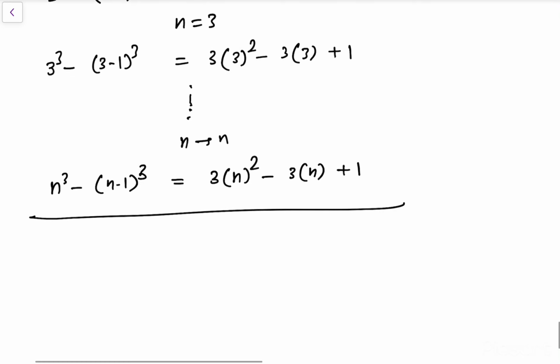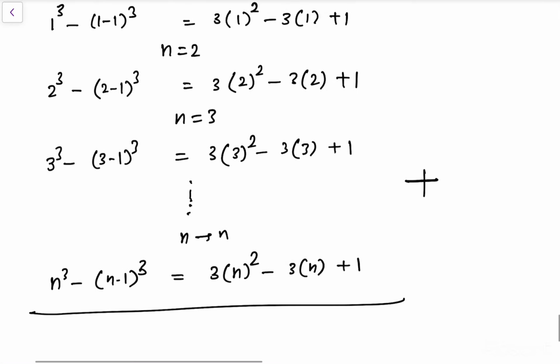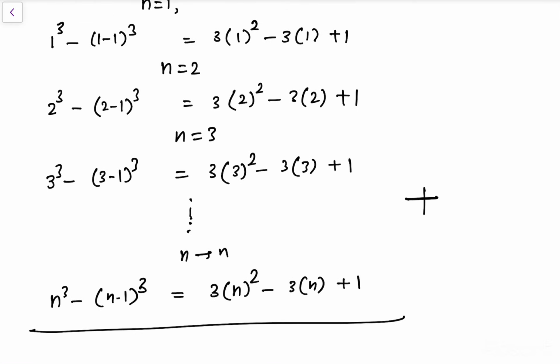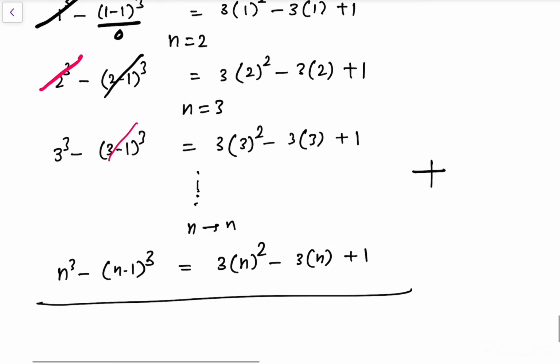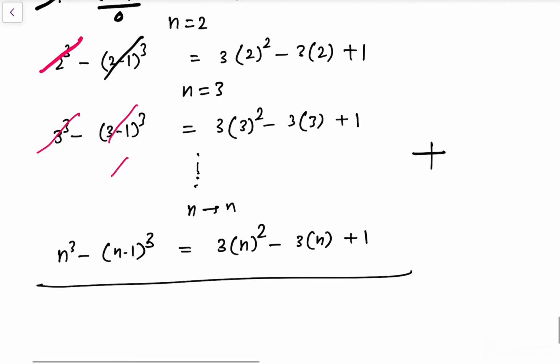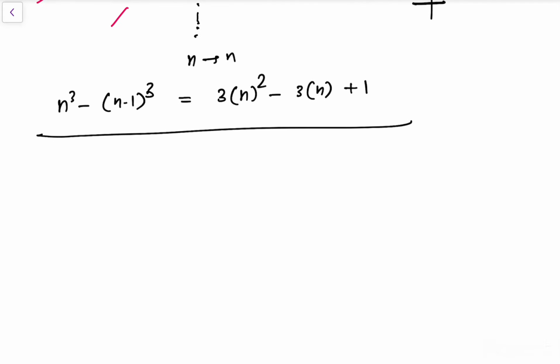If we add all these, from the LHS side, what will we get? 1 cube and 1 cube get cancelled. Again 2 cube and 2 cube get cancelled. In a similar way 3 cube and 3 cube get cancelled. From the LHS side finally we get n cube minus 0 cube.